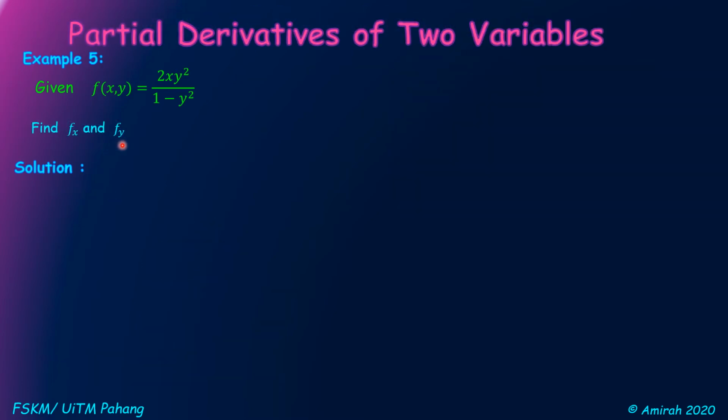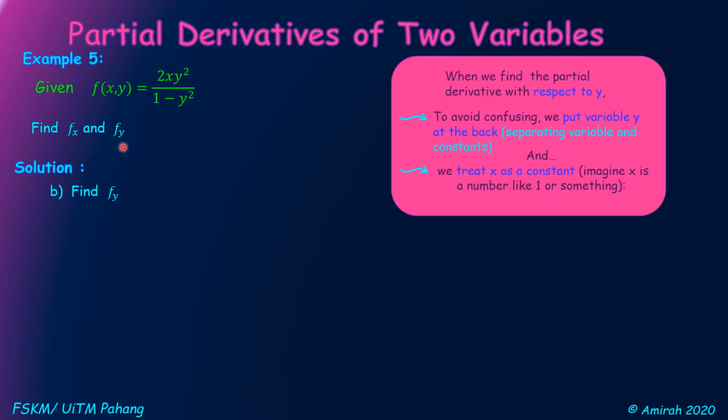Now we look at how to find fy. Fy means the partial derivative with respect to y. So when we find the partial derivative with respect to y, to avoid confusion, we put variable y at the back, and we separate variables and constants.